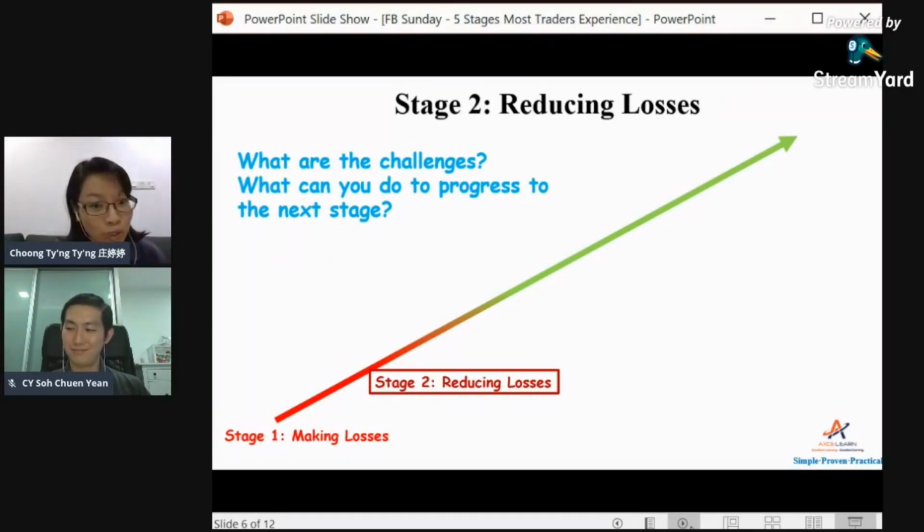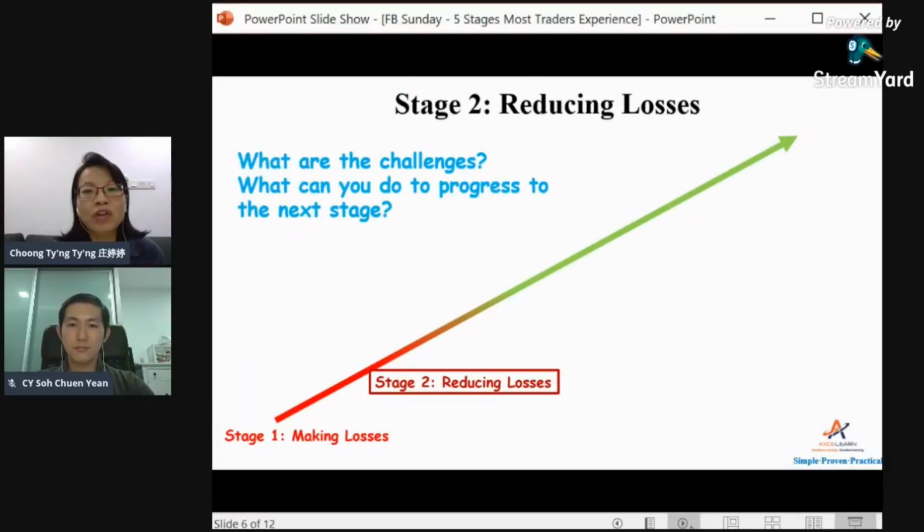You tend to lose money because they got stuck at stage 1 and stage 2. That's why when they share with you, they can only share their experience from stage 1 or stage 2. And many of the traders, you did not hear wrongly, after stage 1 or stage 2, they tend to give up.